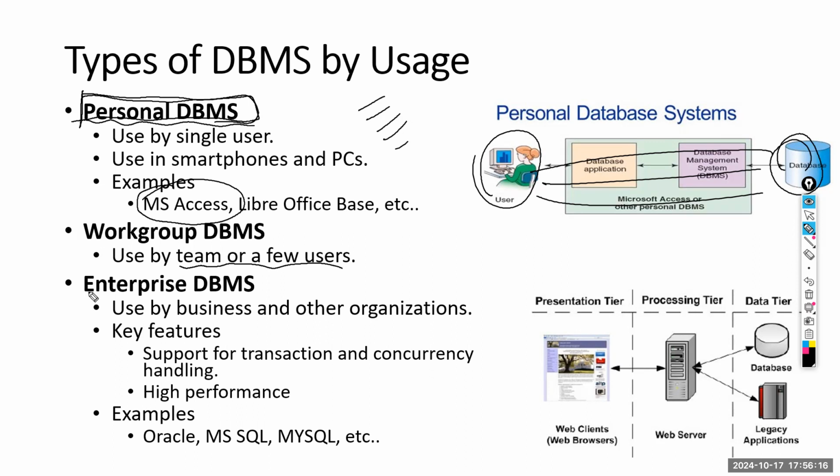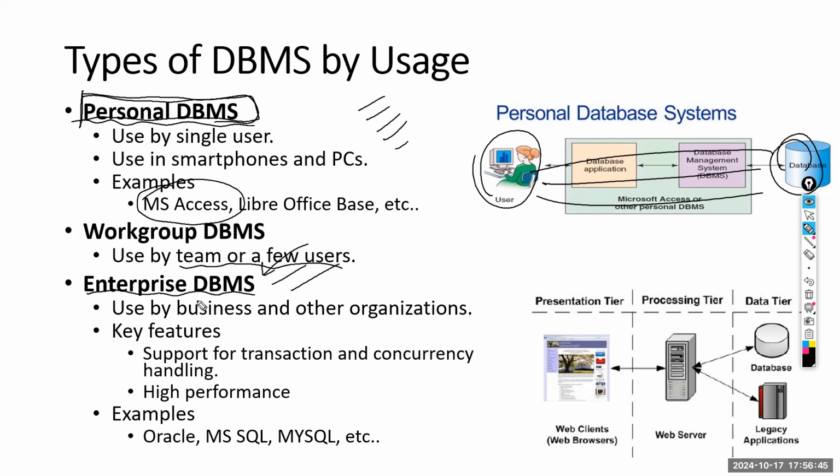Then we have the enterprise DBMS. That is your Oracle database, Microsoft SQL Server, MySQL. Thousands or sometimes 100,000, sometimes even millions of users access your database at the same time. So those are highly secure, high performing, optimized databases with a lot of support for security and transaction handling.